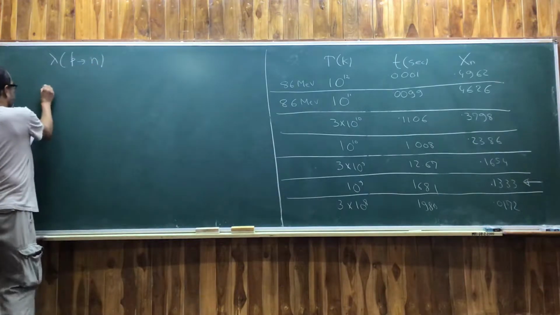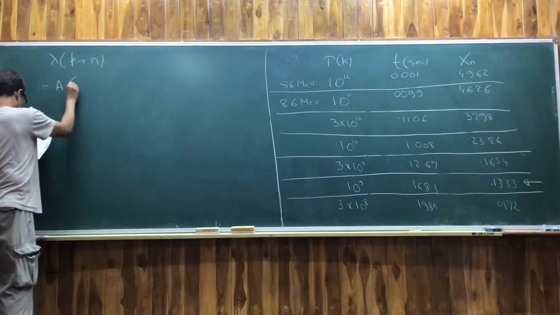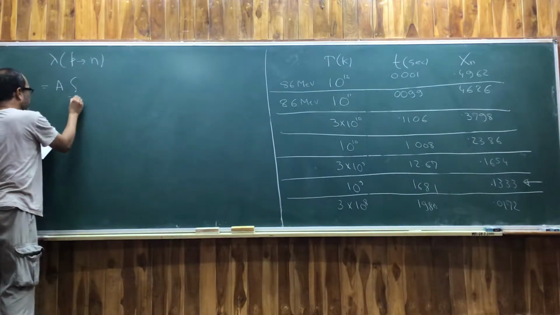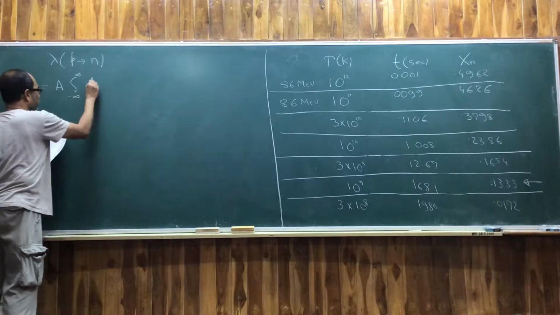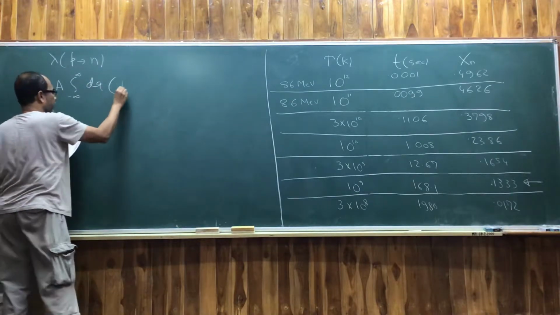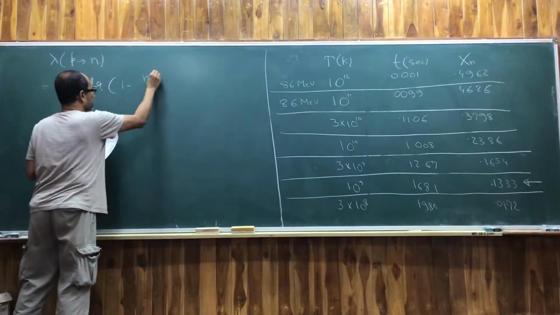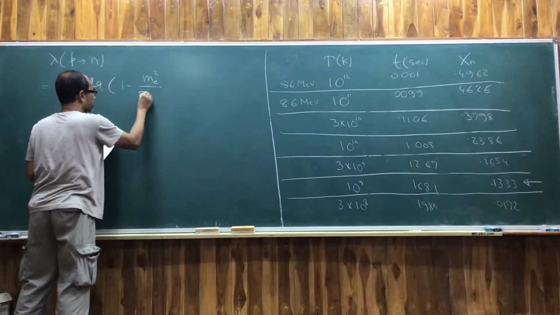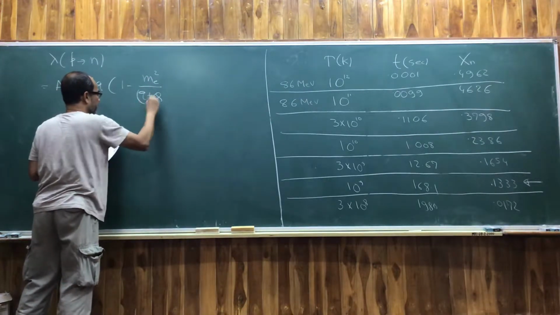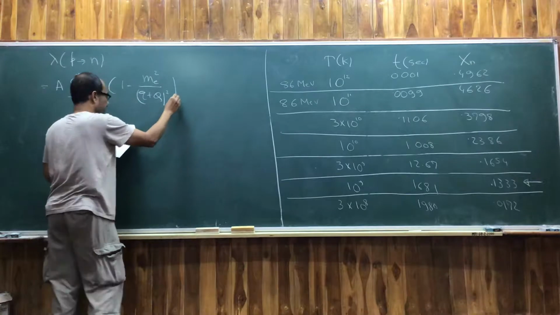So this was given by A integral minus infinity to infinity dq, 1 minus ab square over q plus q square to the power half.